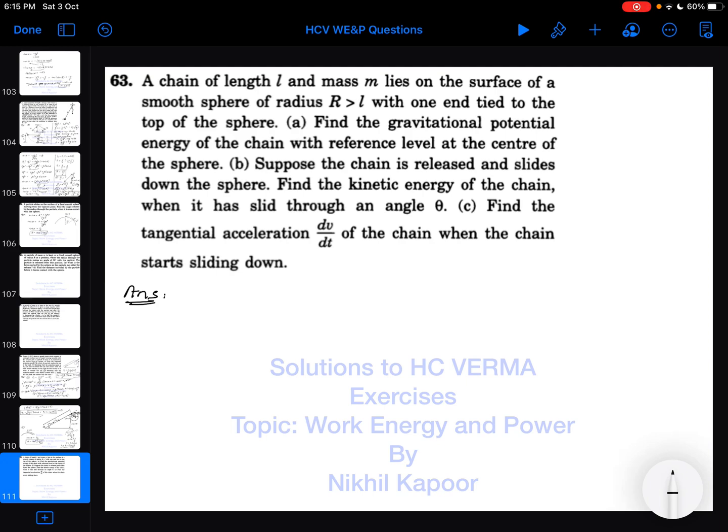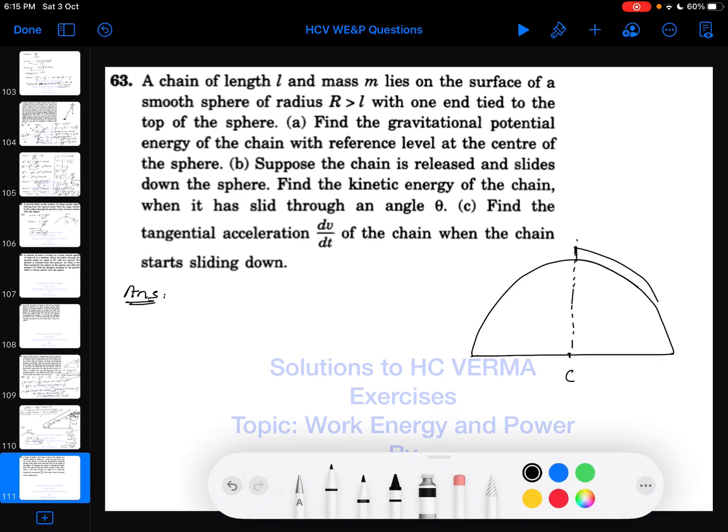Okay, so let's draw the diagram. This is the surface of a smooth sphere. I have drawn only the hemispherical part of the sphere because this much is only of use in this particular example. One end of the chain is touching at the top, while the other end is like this, and it is less than the radius.